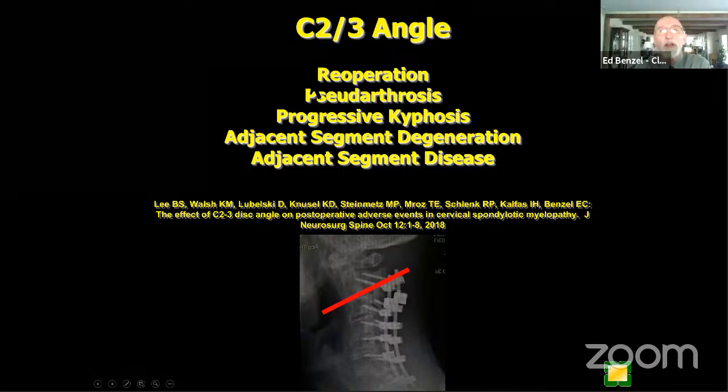And all of these parameters were statistically significant when we inadequately corrected the C2-3 angle. The reoperation rate was higher, pseudoarthrosis rate was higher. There was progressive kyphosis, adjacent segment degeneration, and disease.